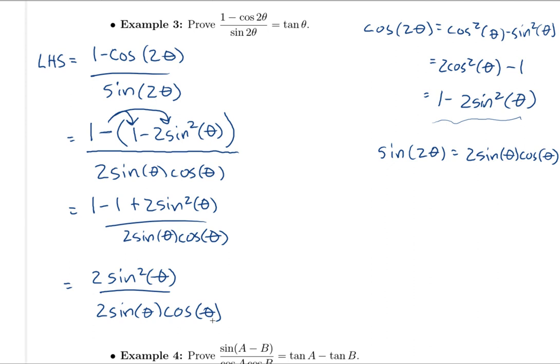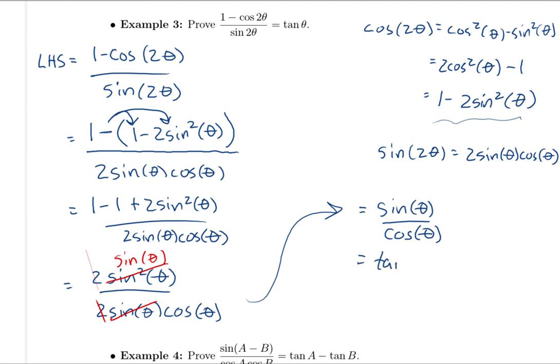We don't want sines on the bottom. But we get some cancellation that has everything we need to happen. So the 2's go away. One of the sines goes away on the top. And so we're left with sine theta cosine theta over cosine theta, which of course is the tangent of theta, which is our right-hand side.